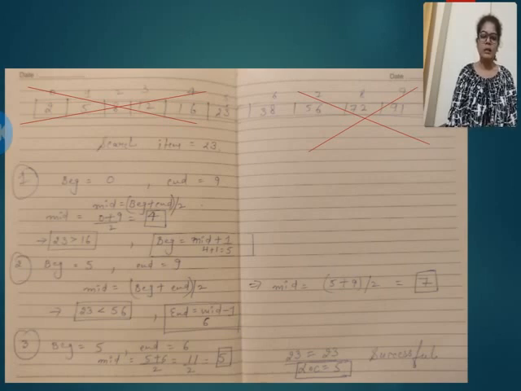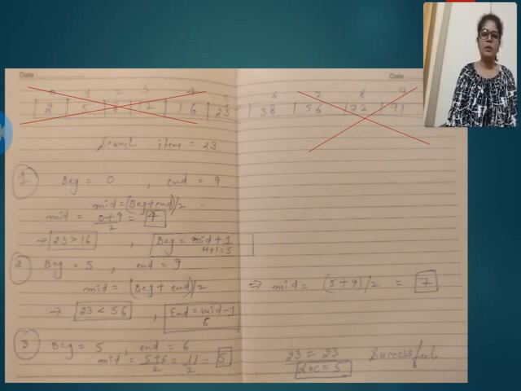In the first case, 23 is greater than 16. So 23 must be at the right of the mid. So discard the left portion of the mid. Discard the elements 2, 5, 8, 12 and the middle item 16. Is it clear? So that was the first step.